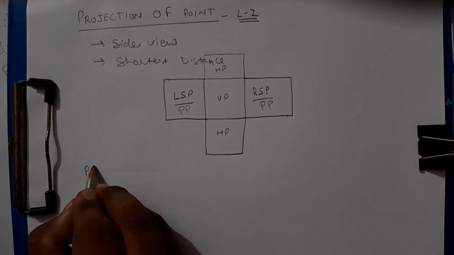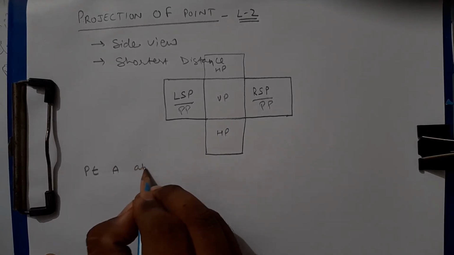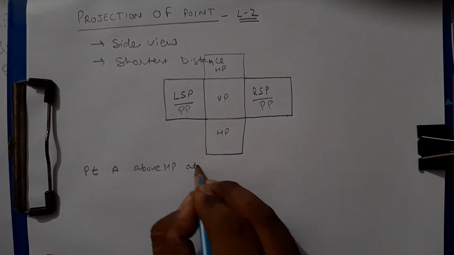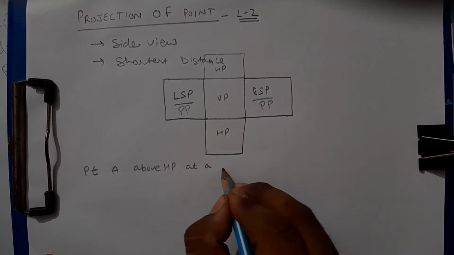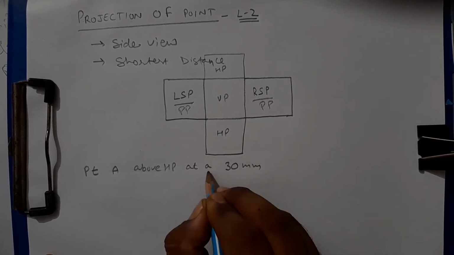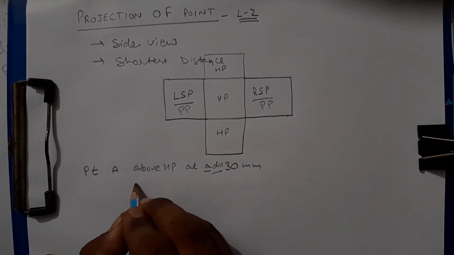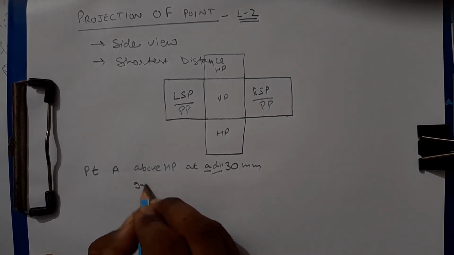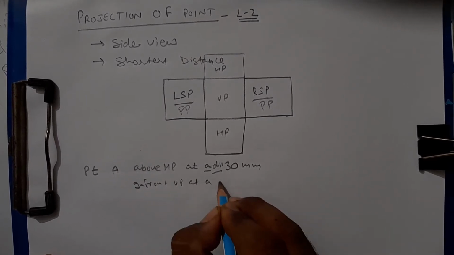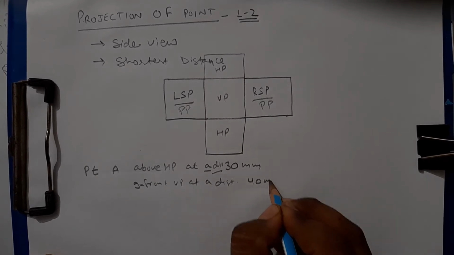Suppose point A is above HP at a distance of 30 mm, and in front of VP at a distance of 40 mm.